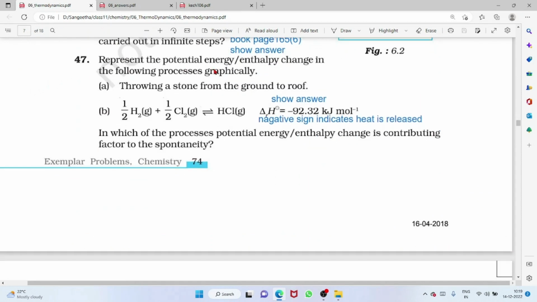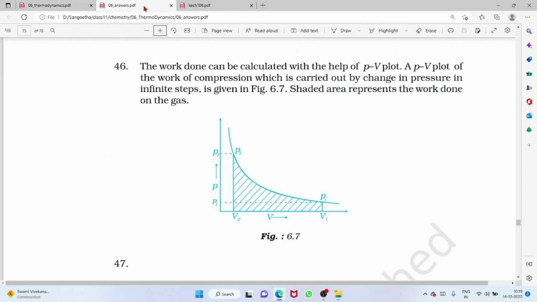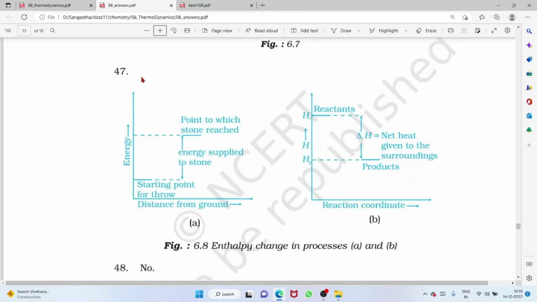Represent the potential energy and enthalpy change in the following processes graphically. Throwing a stone from the ground to the roof, and this is a reaction. The negative sign indicates that heat is released. In which process is the potential enthalpy change contributing to the spontaneity? 47.